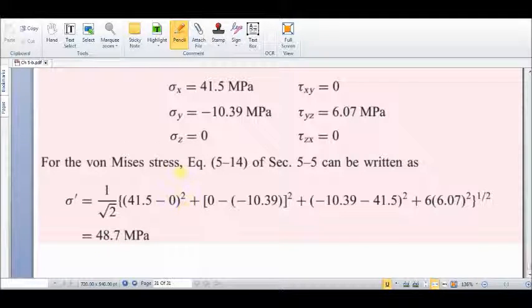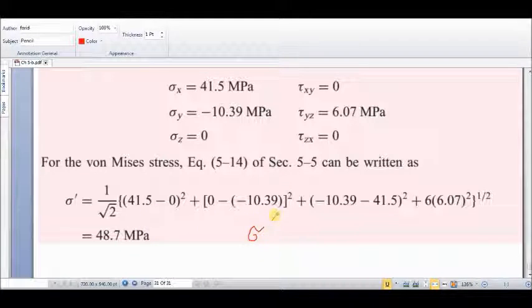And then we would say that this von Mises stress of the power screw shouldn't exceed the yield strength of the power screw material.